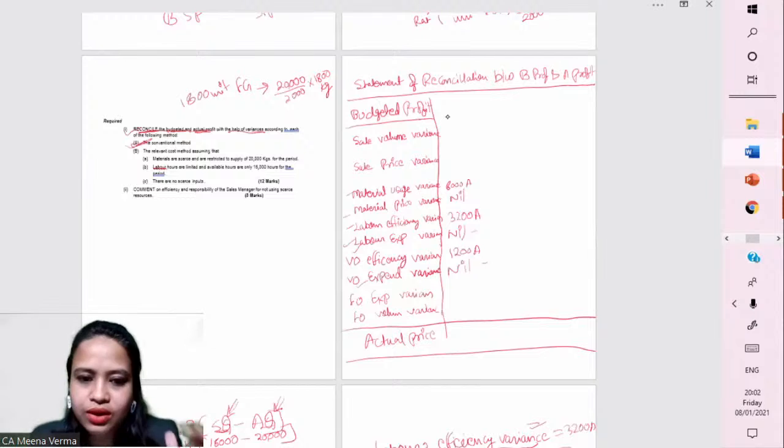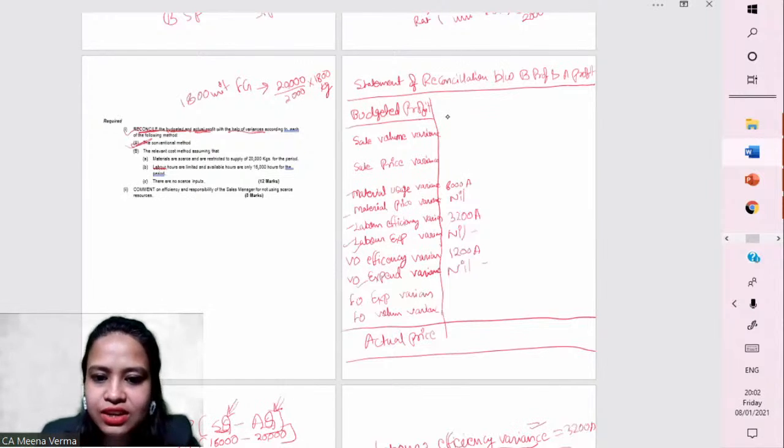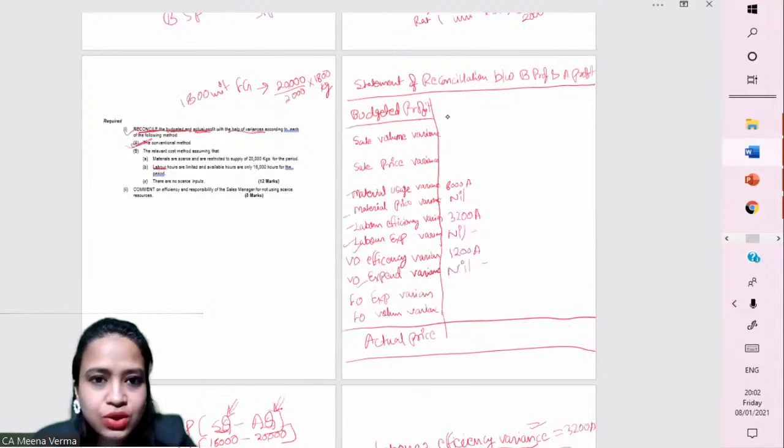So try to consider all these things. In this case you can see that we don't have any price variance, we don't have any labor expenditure variance, and we don't have any variable overhead expenditure variance. So it is good to calculate all these things, right?